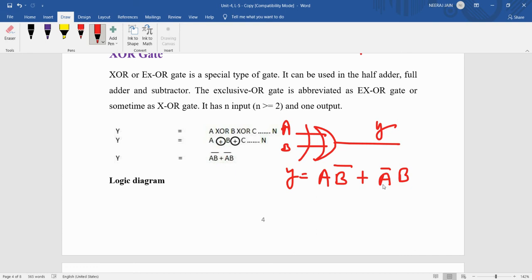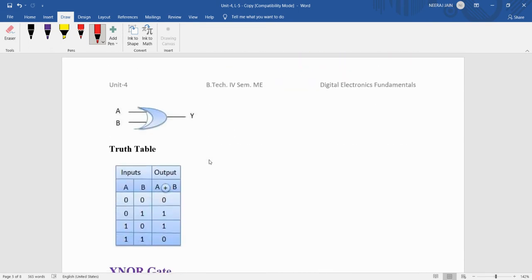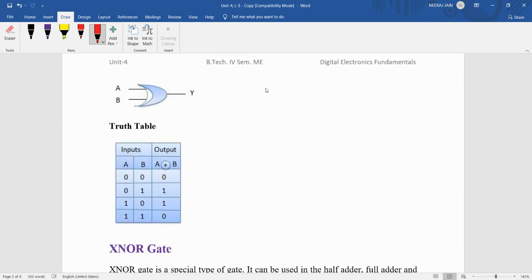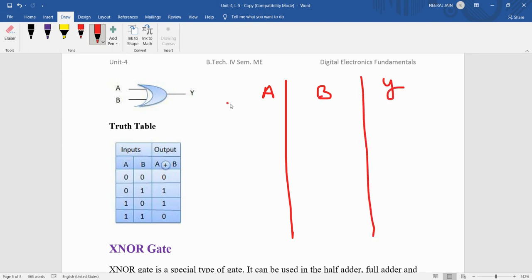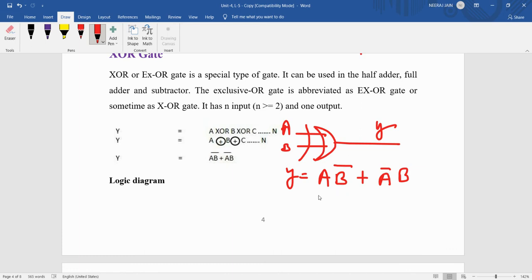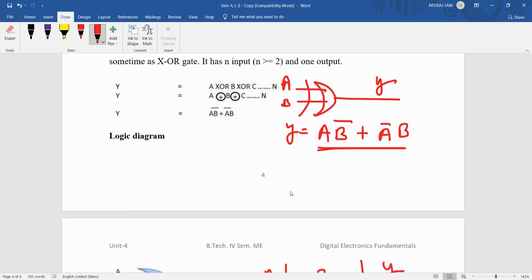Now the exclusive OR gate truth table will be like A, B, and finally we get Y. In case of the exclusive OR gate, Y will be this.